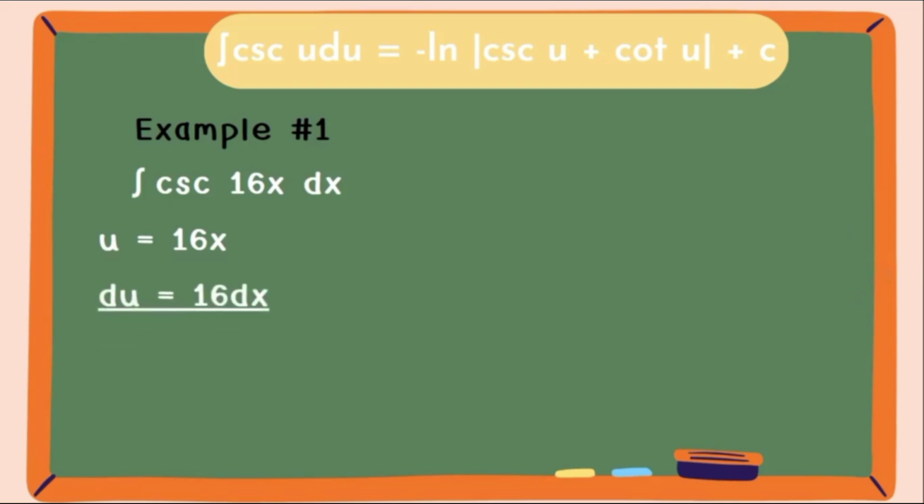So, after natin makuha yung du, which is 16 dx, ang sunod na gagawin natin dyan is, i-divide naman natin yung 16 sa kanyang sarili, which will be 16 divided by 16.